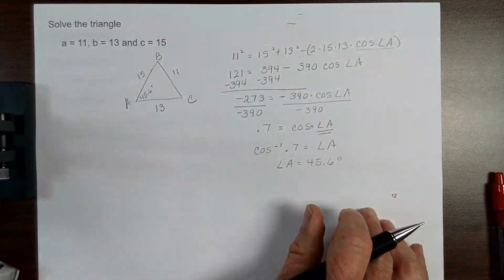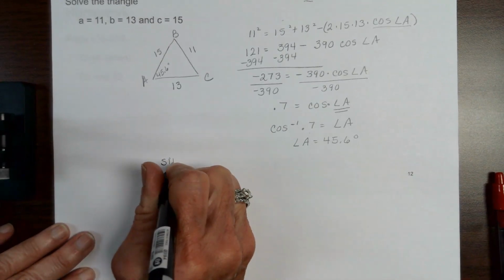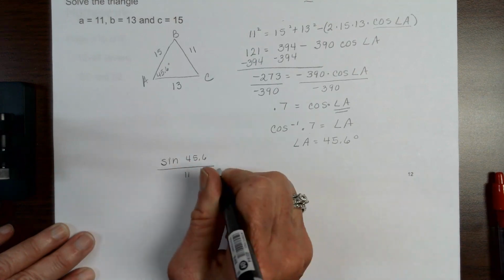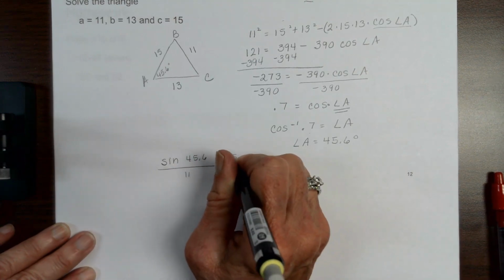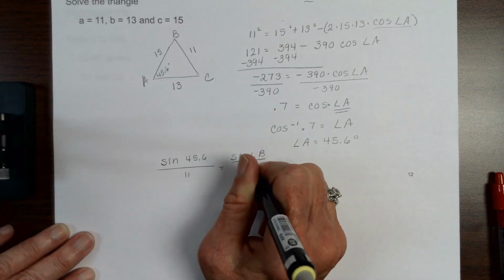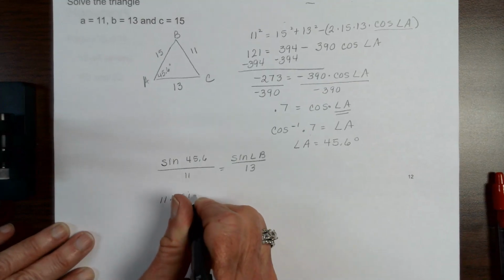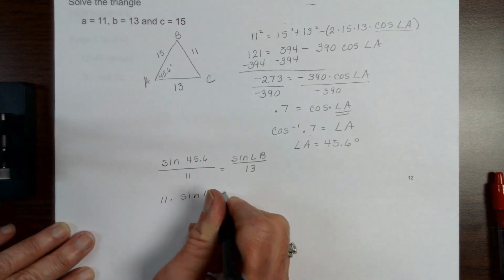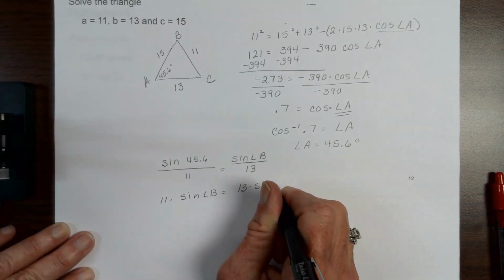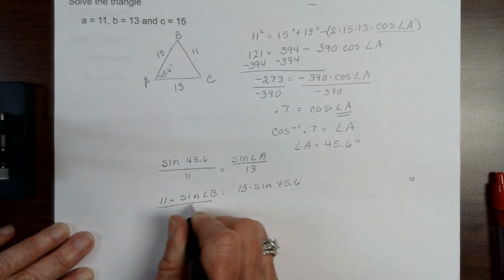Now I can switch and I can do the law of sines. So I have the sine of 45.6 over 11 is equal to the sine of angle B over 13. So I have 11 times the sine of angle B is equal to 13 times the sine of 45.6. I'm going to divide here by 11.